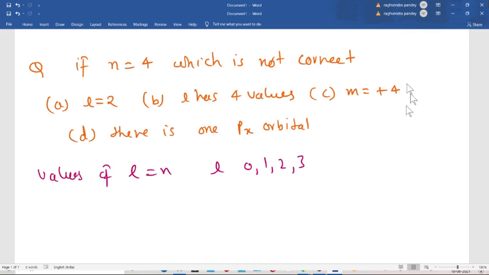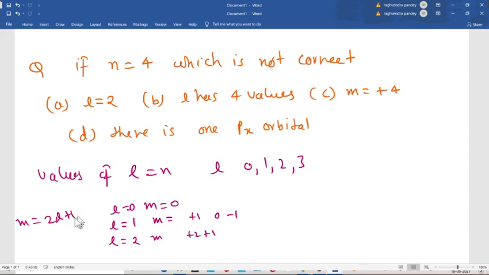Now value of M. For L is equal to 0, M is equal to 0. L is equal to 1, so M has plus 1, 0, minus 1. L is equal to 2, so M is equal to plus 2, plus 1, 0, minus 1, minus 2. Whatever is the value, we just have to write that.